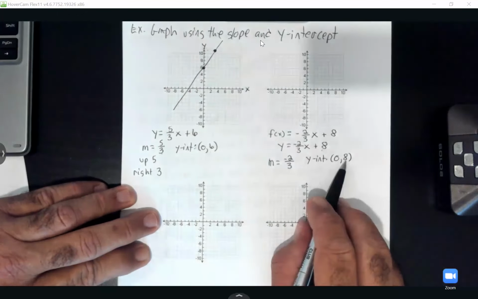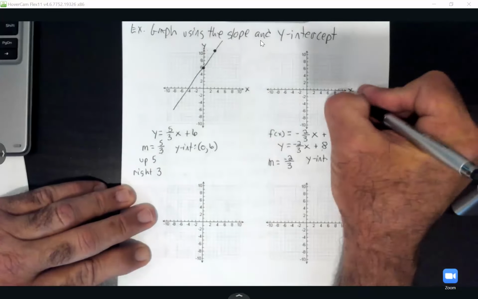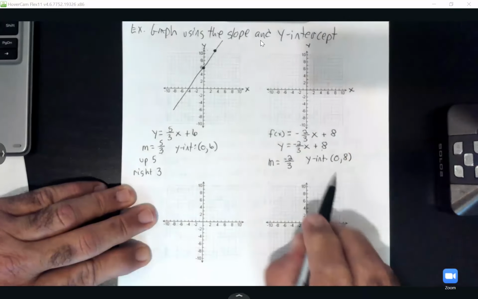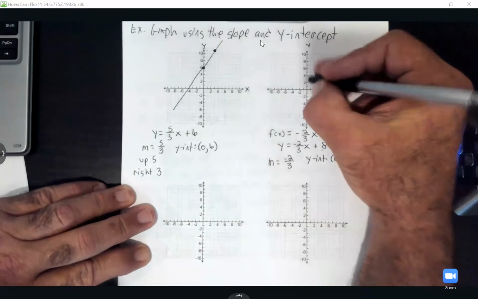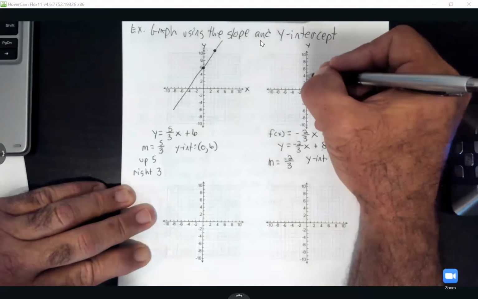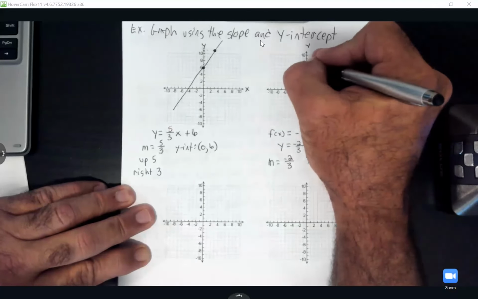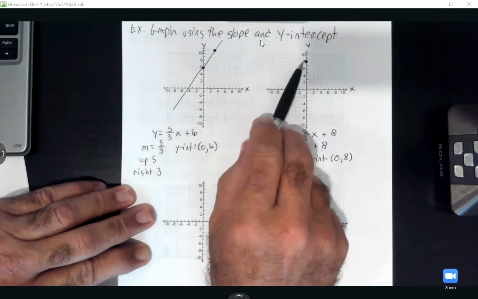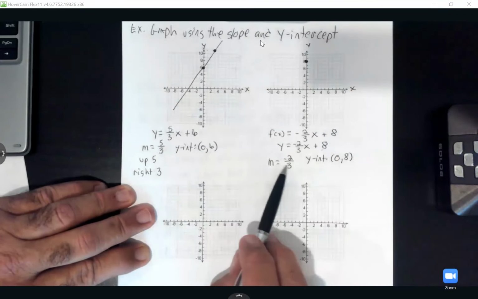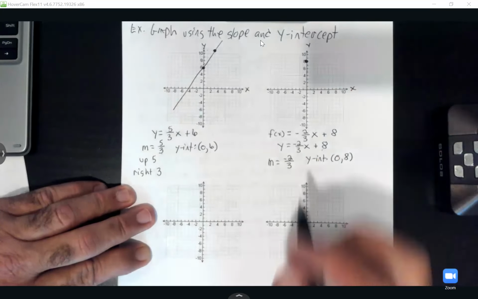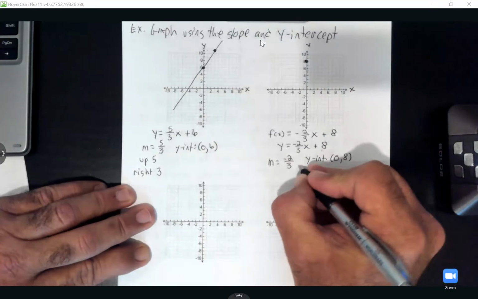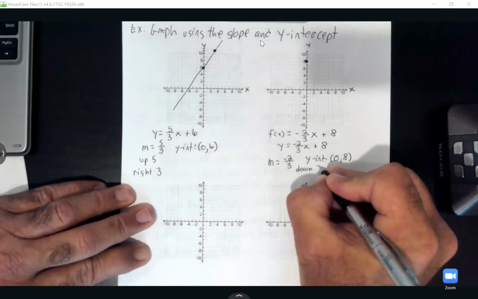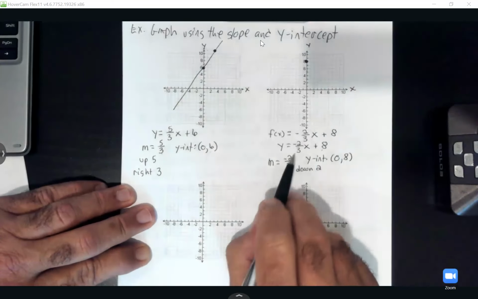All right, y'all. So we're going to start on the y-axis. So here's my x and my y. We're going to start at 0, 8, which will be 8 on the y-axis. So we come up 8, put our first point. So we're way up here at 8. So this slope is a negative 2/3. So what they want me to do is go down 2, because that's a negative 2.